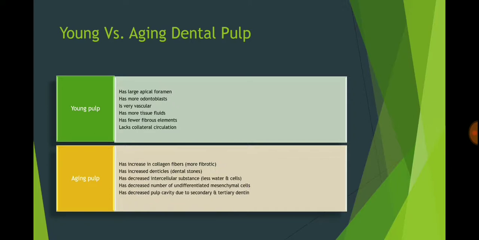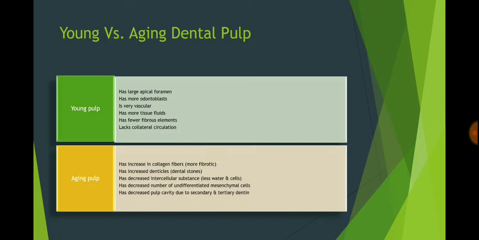So let's do a comparison, another high-yield slide here: young pulp versus aging dental pulp. What are the differences between the young and the old or aging dental pulp? So young pulp has a large apical foramen. It has more odontoblasts. It's very vascular and has more tissue fluids.